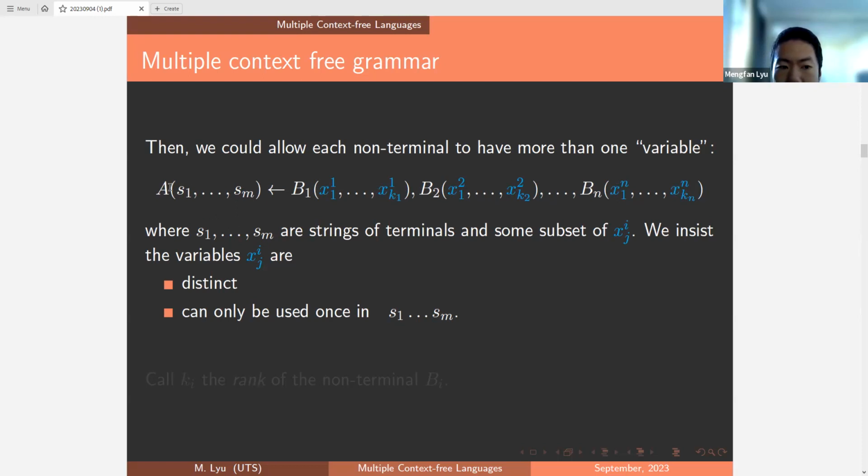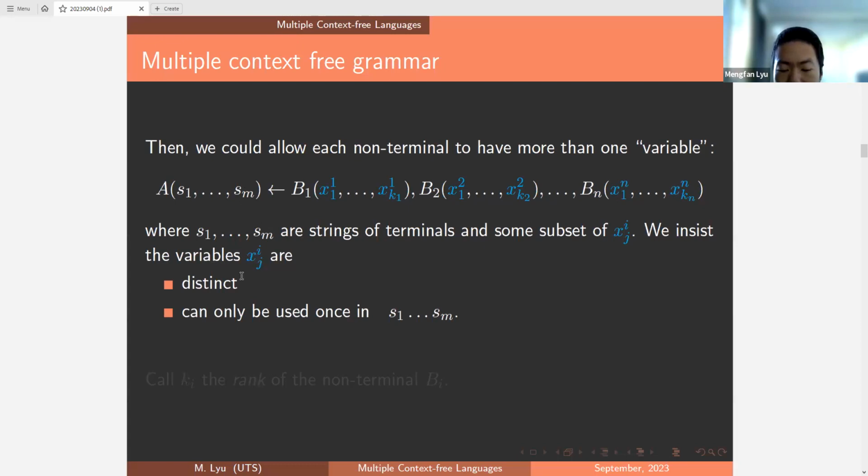And the arguments for A are just strings of terminals and some variables X_ij, which are the variables of B1 up to Bn. And there is some condition for these variables: for all the X_ij in the strings, the variables should be different.